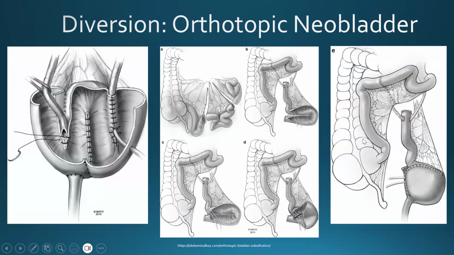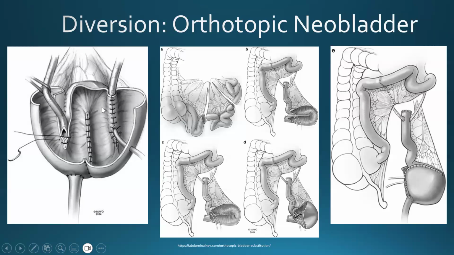So here's some of the techniques that can be utilized for orthotopic neobladder. This is on the right here. This is a Studer approach, and so it's that aforementioned bowel segment is harvested, and then it's turned into this pouch with kind of this chimney looking aspect to it, and the ureters are plugged into that chimney, and then the patient's native urethra is anastomosed on this lower segment.